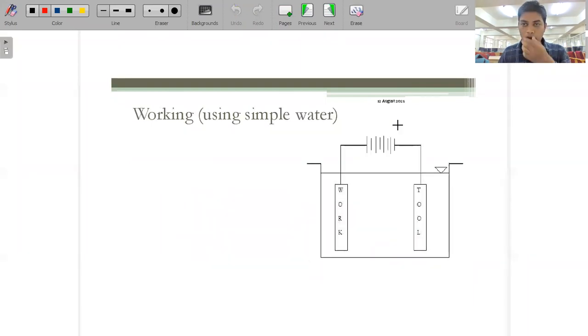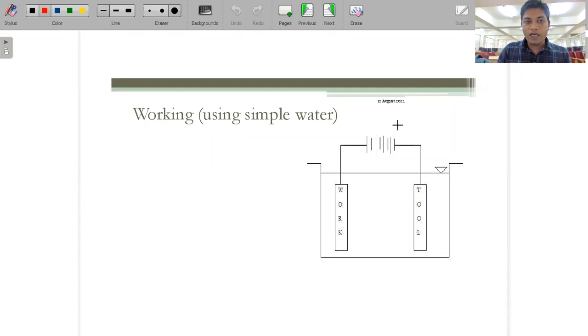Okay, so now if you go through any book, like P N Rao or Kalpakjian, in one of the books it is mentioned that they are using simple water, H2O, and in another book they are using salty water.